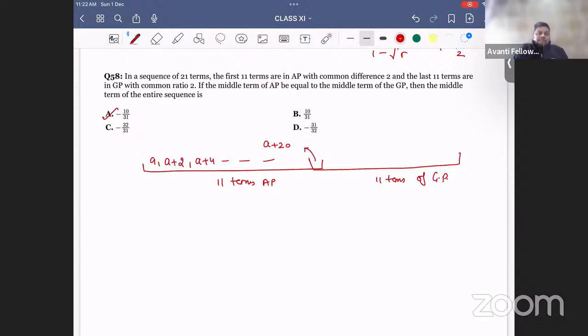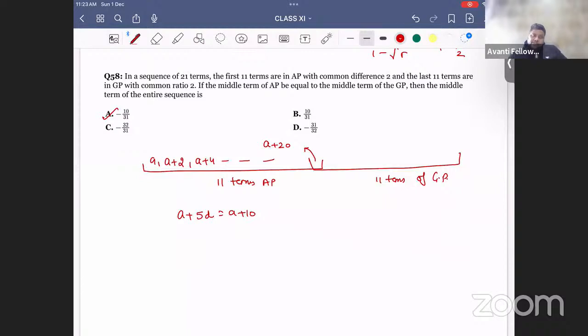Now middle term of AP is going to be the sixth term. So A plus 5D is given to me as middle term of AP is equal to, see, we'll see later on. This middle term is A plus 10. This is equal to the middle term of GP. Am I correct? Now see, common ratio 2.